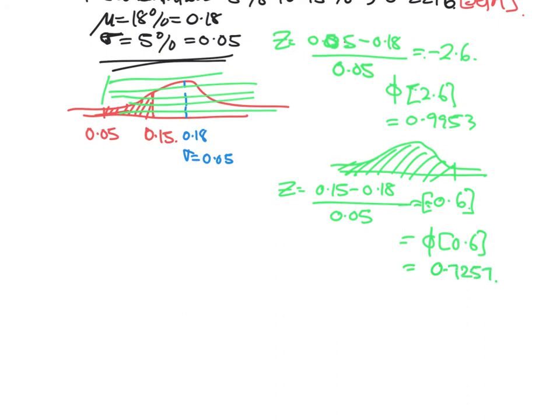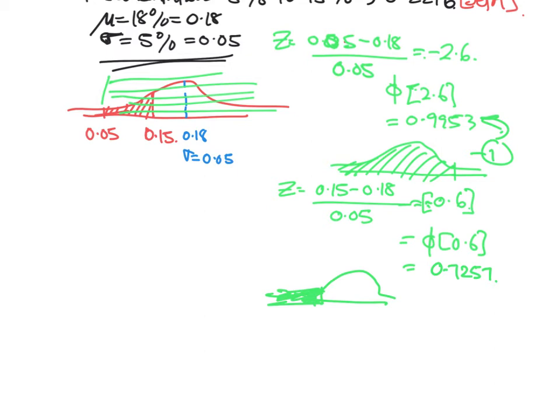So 0.7257 is the area towards the left, basically this little area over here, exactly from the table. So to find the area between, this is part 1, for 0.9953, and this is part 2, the area towards the left, for 0.7257.